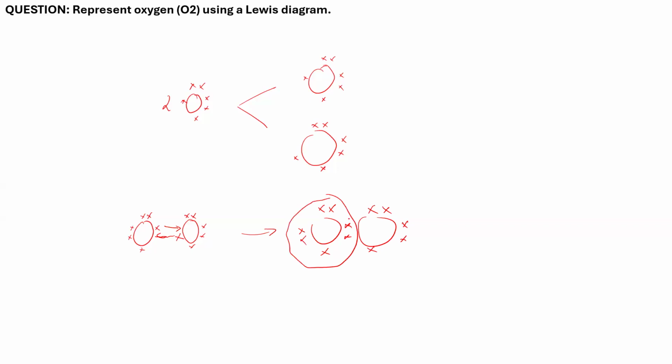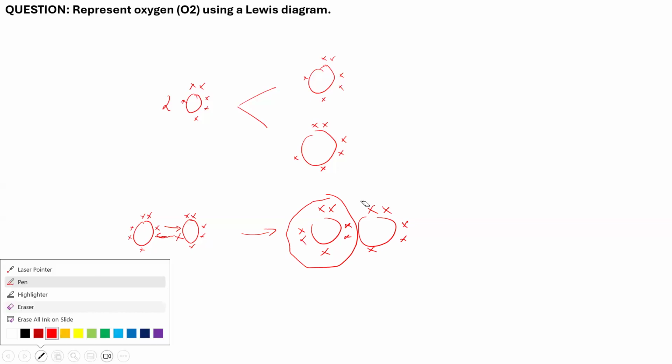They're supposed to be 8, right? We have 2, 4, 6, 7. You see? It doesn't obey the octet rule because it is surrounded by 7 electrons. So this is a trial, and we see that it doesn't work.